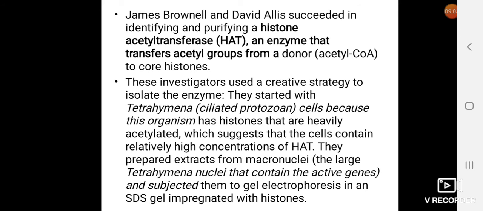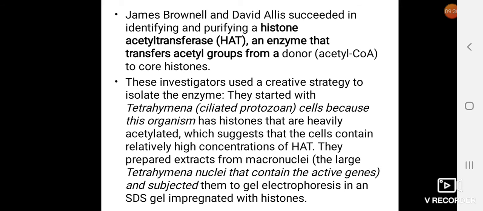Core histones are H2A and H2B dimers, two of the dimeric structures, and then the H3-H4 tetramer. Altogether they form an octameric core structure around which the DNA is wrapped. These investigators used a creative strategy to isolate this HAT enzyme.